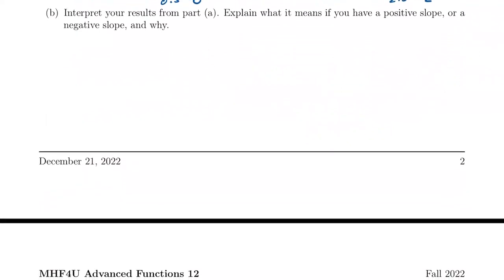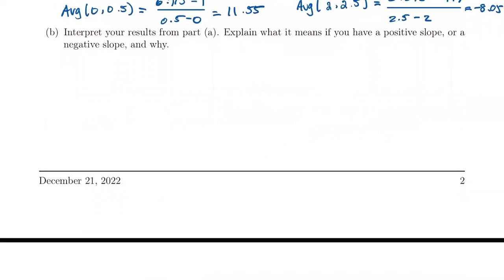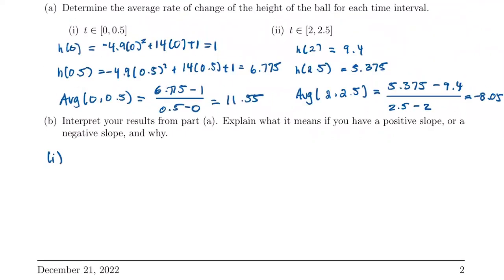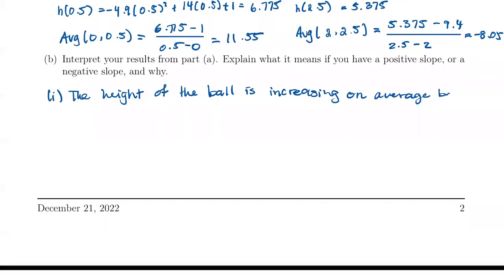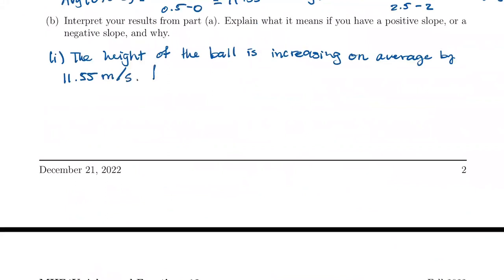Or basically, what does the positive slope represent, and what does the negative slope represent? So for part I, since we have a positive slope of 11.55, that means the height of the ball is increasing on average by 11.55 meters per second from t between 0 and 0.5.